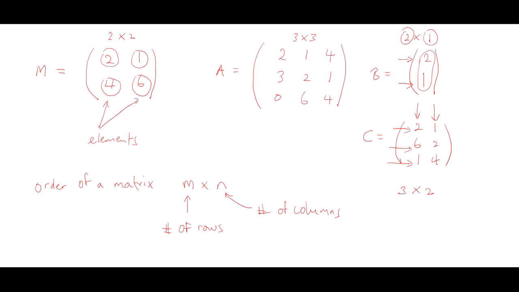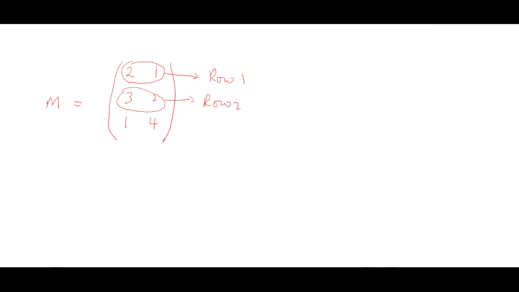Alright, now let me just talk a little bit about rows and columns, right? Because this is very important. Let's say we have 2, 1, 3, 2, 1, 4, and this is a matrix, and we call this matrix M. Now this is row 1, pay attention to this, row 1. This is row 2, and this is row 3.